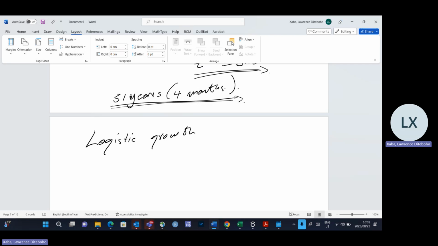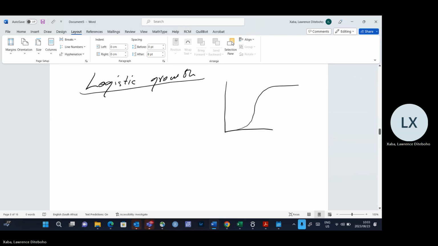So unlimited growth is just grow. So when it comes to logistic, it will grow, but there is a limit somewhere. It's not like your unlimited growth where there's no limit. Just continue growing, going up. But this one, there is a limit somewhere.